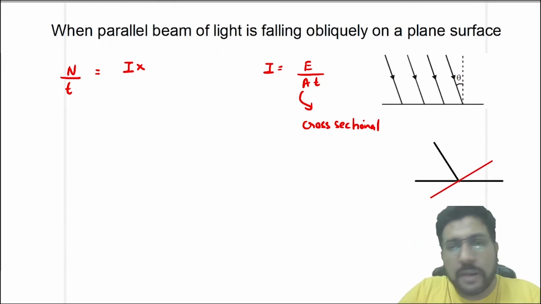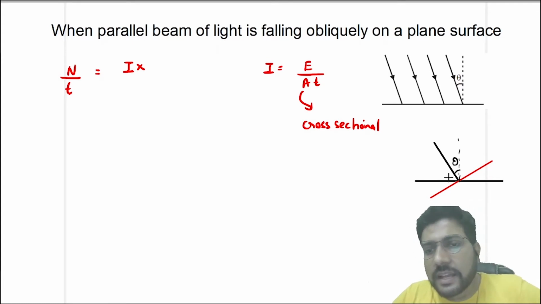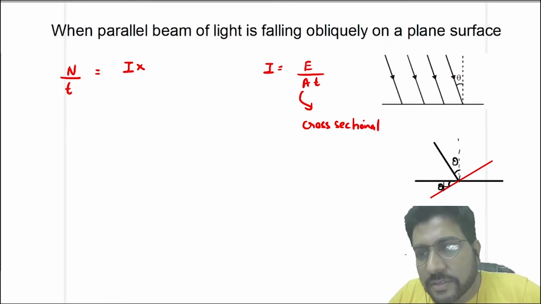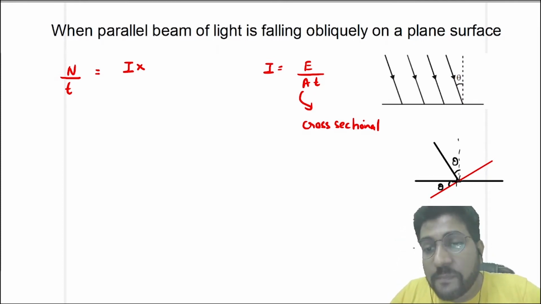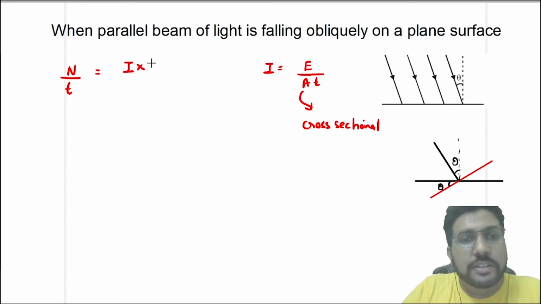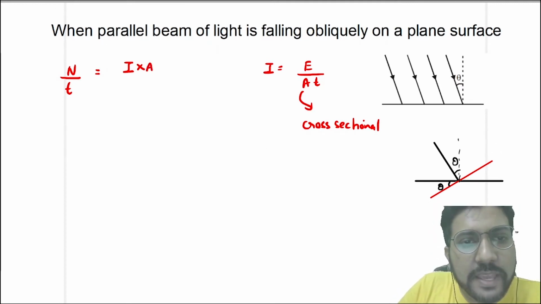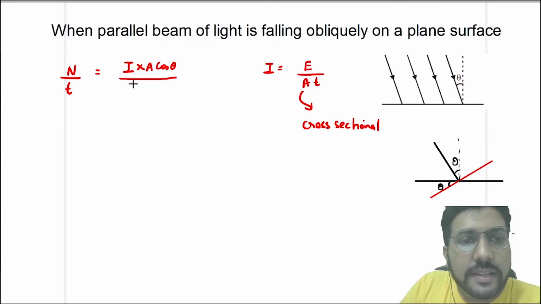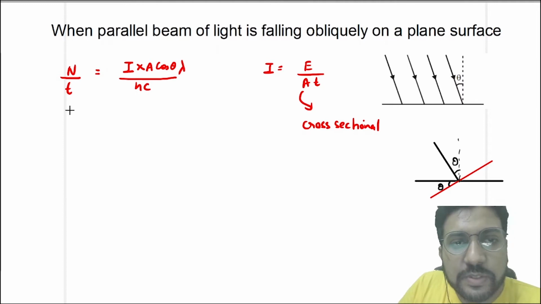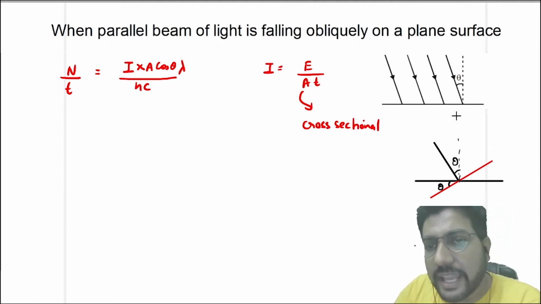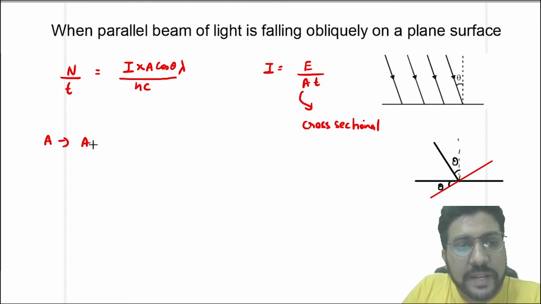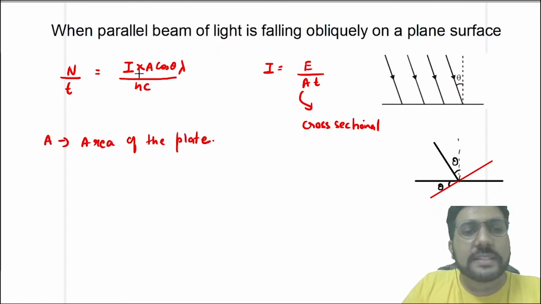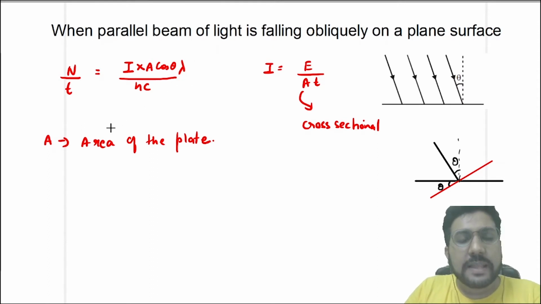Okay, so now if this angle is theta, this is 90 minus theta, this angle is also theta, right? So if this area is A, clearly this area is the component, right? So this is A cos theta. So you will write here I multiplied by A cos theta divided by hc by lambda. So this time the area is not A but A cos theta. Okay, so here A is the area of the plate. Okay, so n by t is I A cos theta into lambda by hc, right?